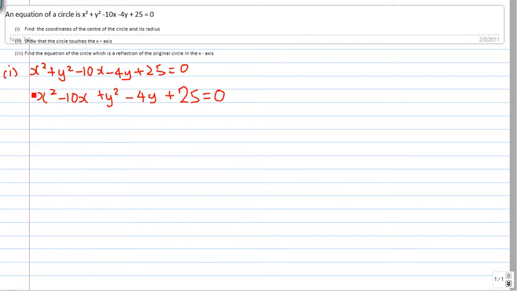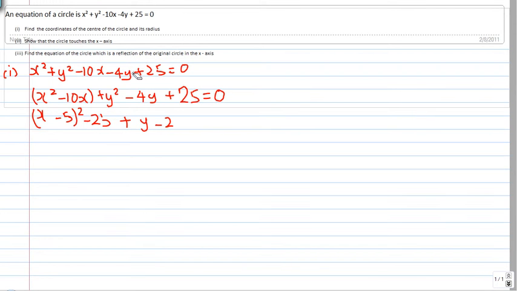Alright, and here we perform completing the square. x squared minus 10x becomes x minus 5 squared. The third term will be 5 squared, so you have to deduct 25. Plus y squared minus 4y, apologies, should not have written this in the first place.